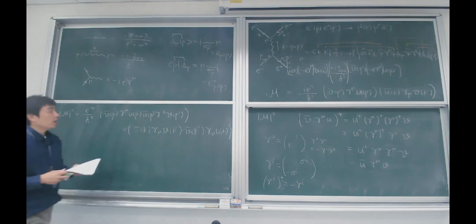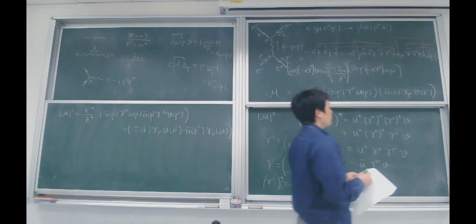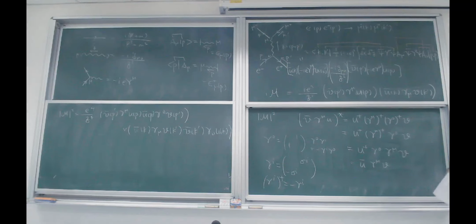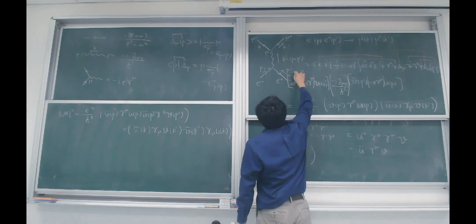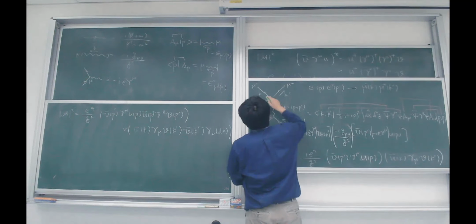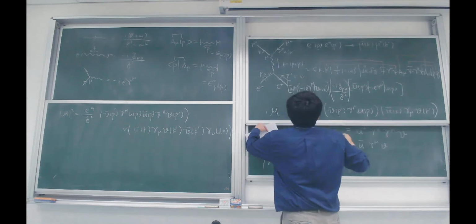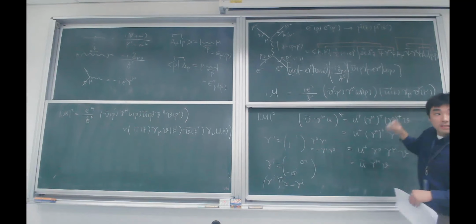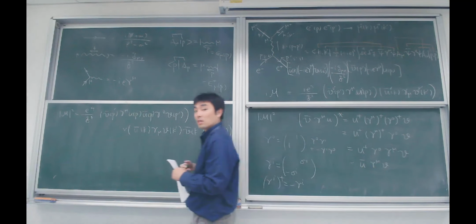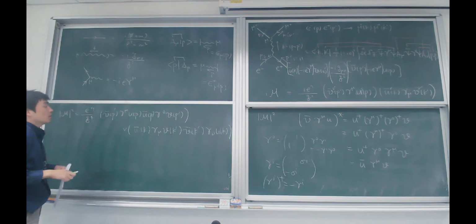So here, just implicitly, the spin polarization is implicit. So here, if you have s, s prime and r, r prime implicit, this means that here is the s prime, and then r prime.